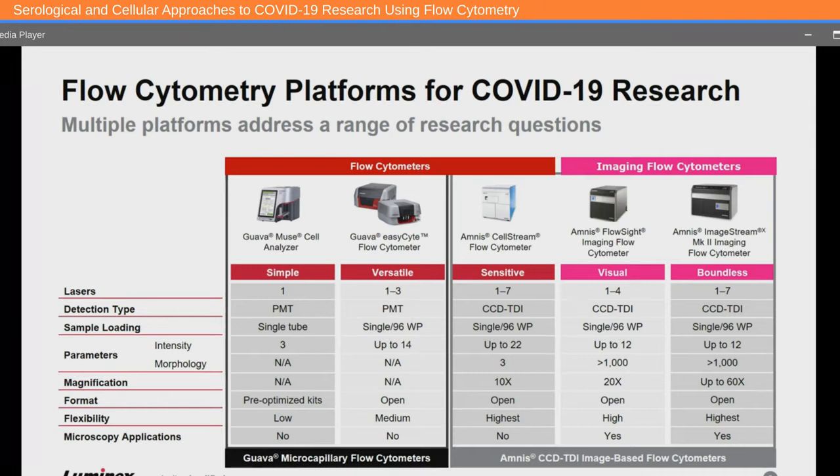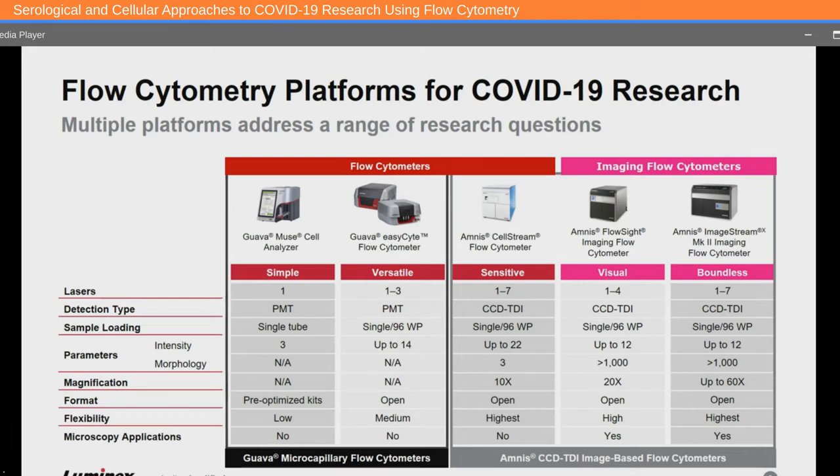Our advanced systems include the imaging flow cytometers, such as the Amnis FlowSight and the Amnis ImageStream system, that combine the power of imaging cytometry along with flow cytometry to provide insightful information. The choice of platform can be dictated by throughput, the number of parameters that need to be detected simultaneously, budgets, and expertise of personnel available.